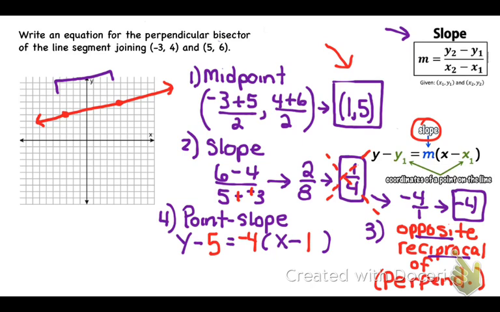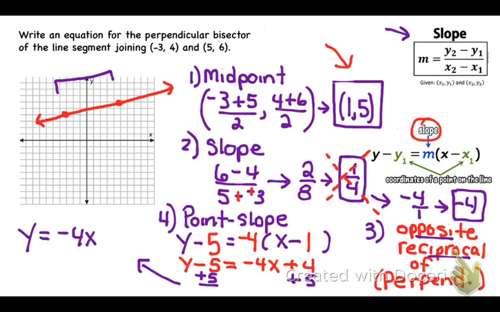And then now we're just going to simplify that. So I distributed the -4, and then here I added 5 to both sides. So our final answer for the equation for the perpendicular bisector is going to be y equals -4x plus 9.